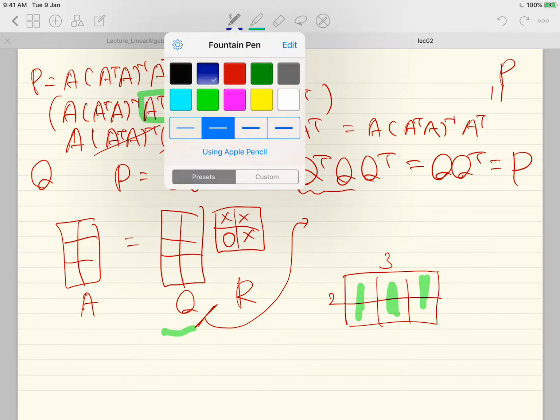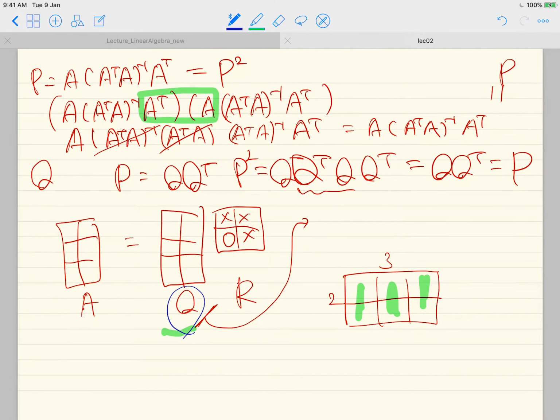So let me ask another question: Is Q invertible or not? This question doesn't make sense at all, because Q is a rectangular matrix, right? But still Q transpose Q is identity, right?